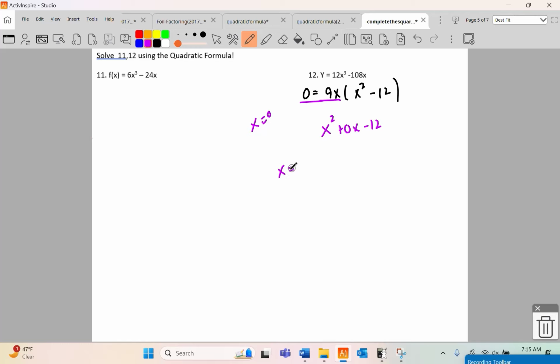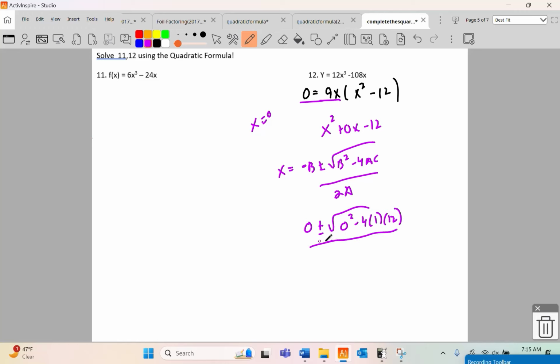We're going to set up our quadratic formula. X equals -b plus or minus square root b squared minus 4ac all over 2a. So opposite of a 0 is just a 0. 0 has no sign. Plus or minus a 0 squared minus 4 times a, which is 1, times c, which is 12.